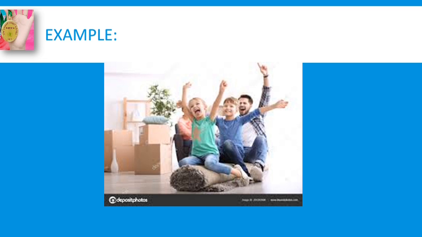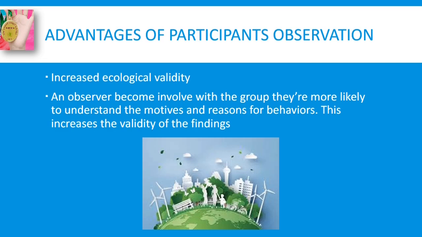And in order to become part of that group, you can do overt observation, or you can be a covert observer. So in participant observation, you will become part of the children's group and you will play with them just the way they do. This way you will be better able to observe their behavior, their comments, and other relevant information.